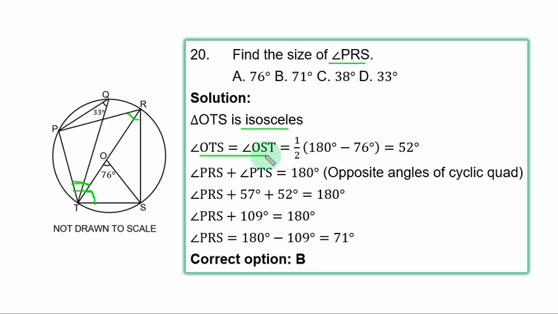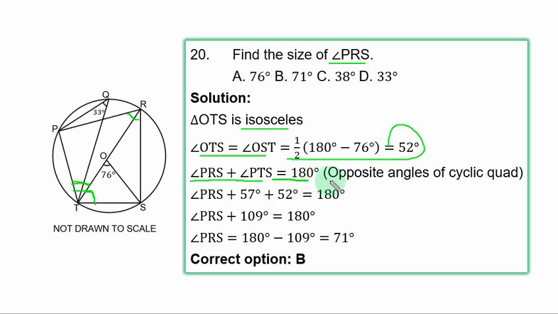If you add the three angles, because two of them are equal, you have 2 times one of them equal to 180 minus 76 degrees, and divide both sides by 2, you have the summary in this form, and you have 52 degrees.